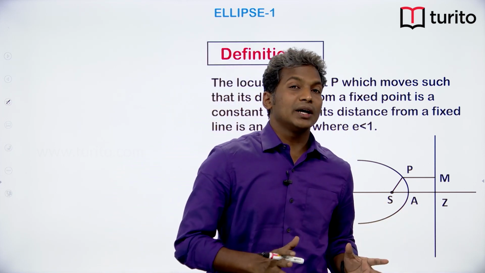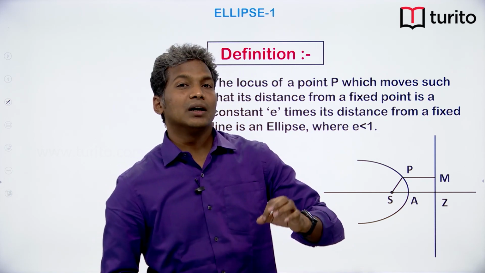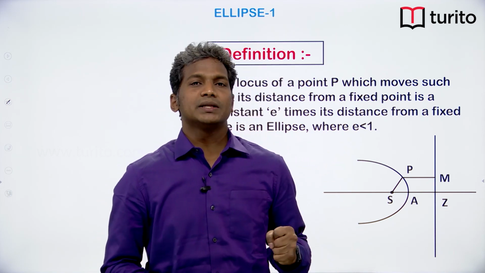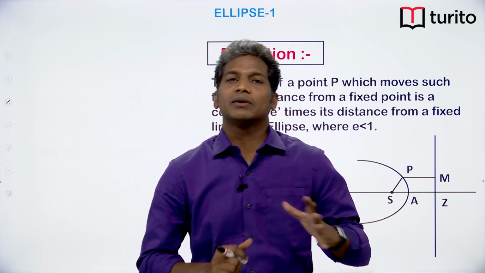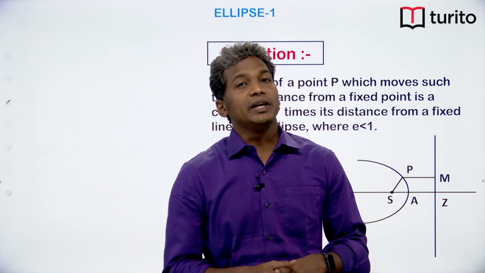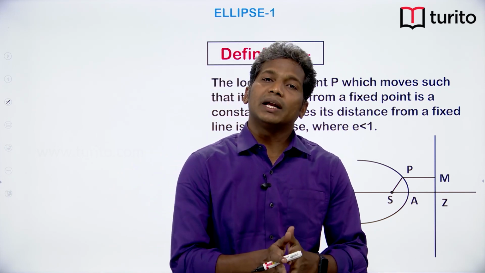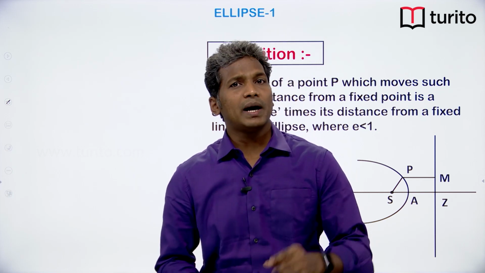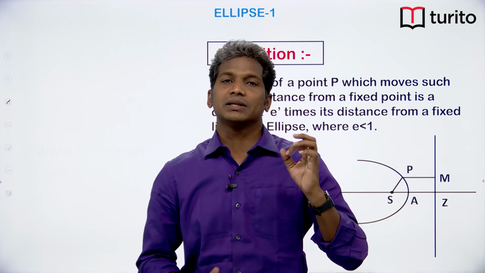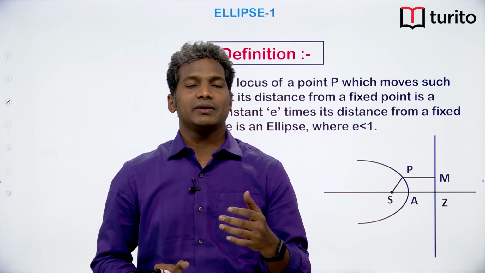And you already know that coordinate geometry is already a bankable subject. That means if you know how to solve questions, you can solve any question. Maybe it will take time or it will not take time, but it guarantees you the answer. So that is why coordinate geometry is very, very important.